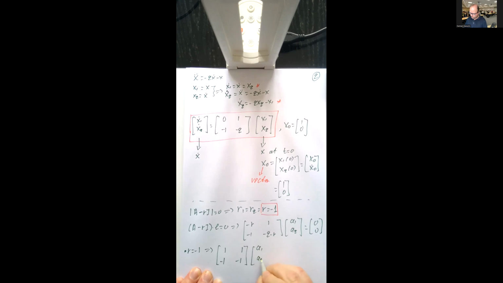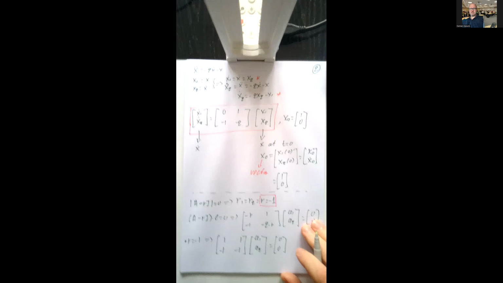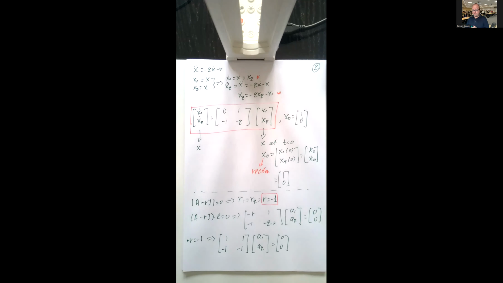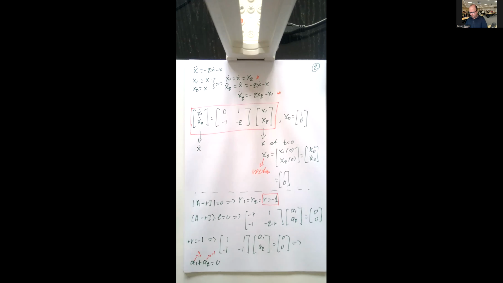A1, A2 equals 0 and 0. And this is the bit now where we can check that I'm doing the right things, because I have effectively the same equation twice. So A1 plus A2 equals 0. And then I will arbitrarily make this 1. So this must be -1. So my eigenvector E will be 1 and -1.